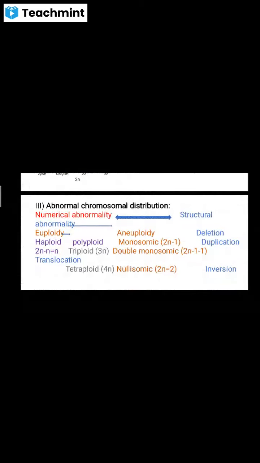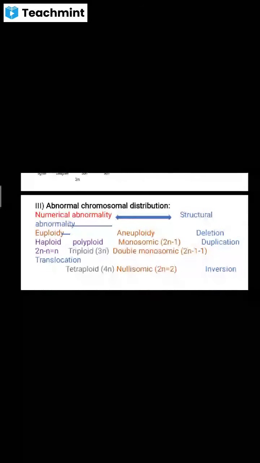Euploidy is again differentiated into haploid and polyploid. In haploid, half the number of chromosomes is changed, and in polyploid, triploid and tetraploid sets of chromosomes are added.